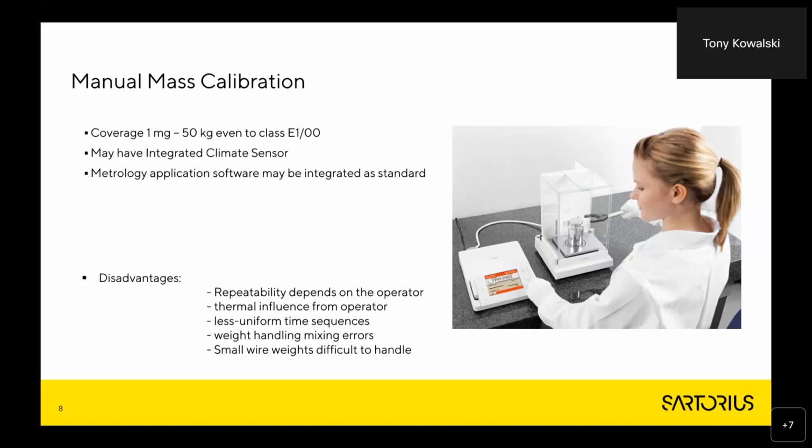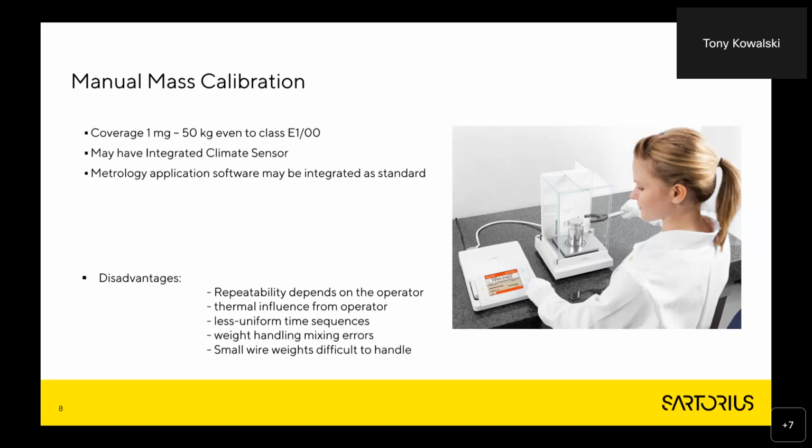If it's calibrating E1 or E2 weights, then even the air density calculation is made, the air buoyancy correction is made, the uncertainty can be determined and calculated, and you will get at the end a pass or a fail indication on all of the areas. So manual comparators are great, calibrate in the range 1 milligram to 50 kilograms, even at the highest class level of E1.